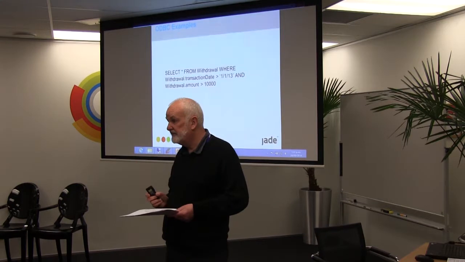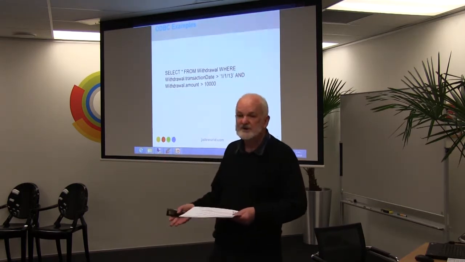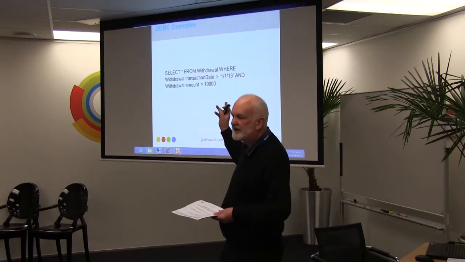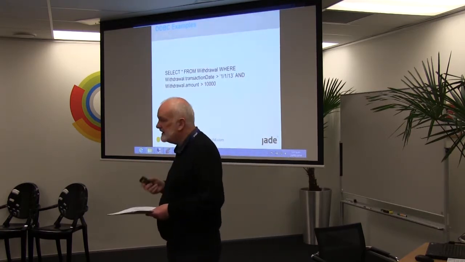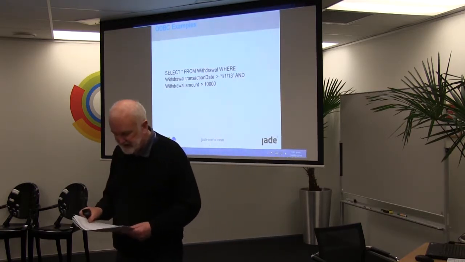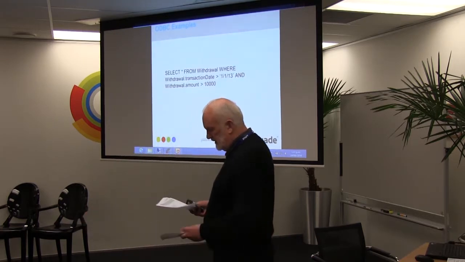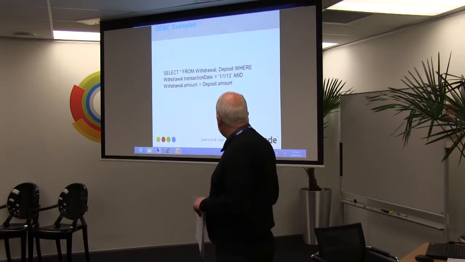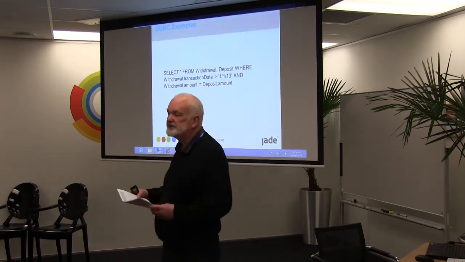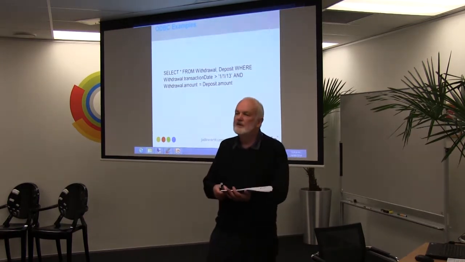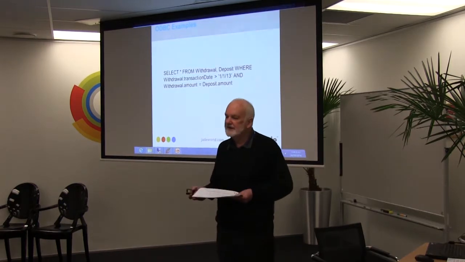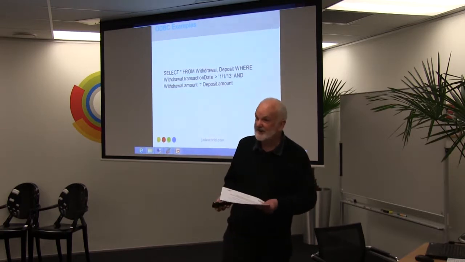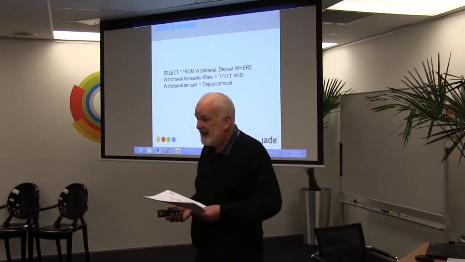If it doesn't have such a collection, then it's got to go through every instance of withdrawal to find the records that match that condition. It gets worse if you have something like that, which is a join, where we're saying we want to find all withdrawals and deposits that match. We're looking for some sort of suspect transaction or something like that.